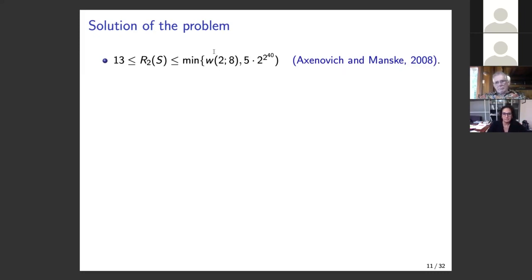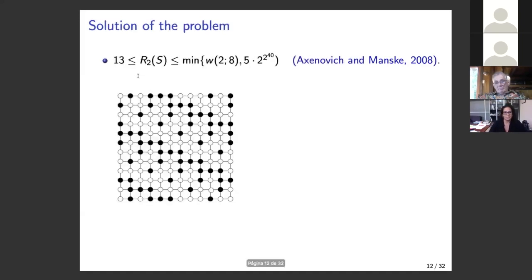This value, for instance, is not known, but there are bounds. So that was the best upper bound, and the best lower bound was 13.